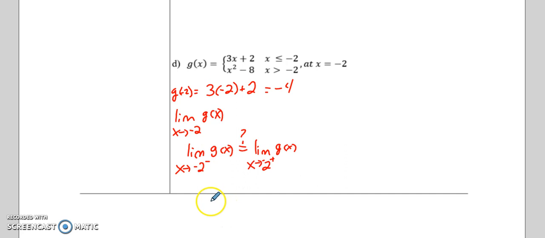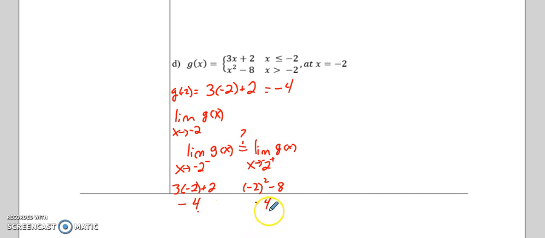We don't know that. We got to plug it in. So this left-hand limit, where x is less than -2, would be the first one. Right side limit, where x is greater than -2, we still use direct substitution, so we're still going to plug -2 in. So -2 squared minus 8.